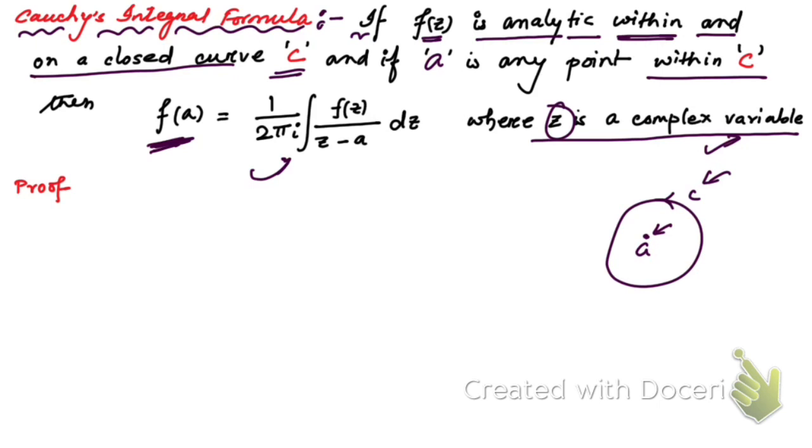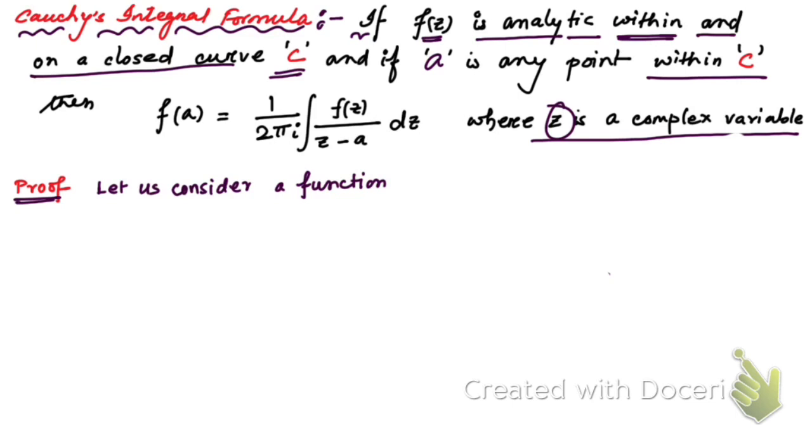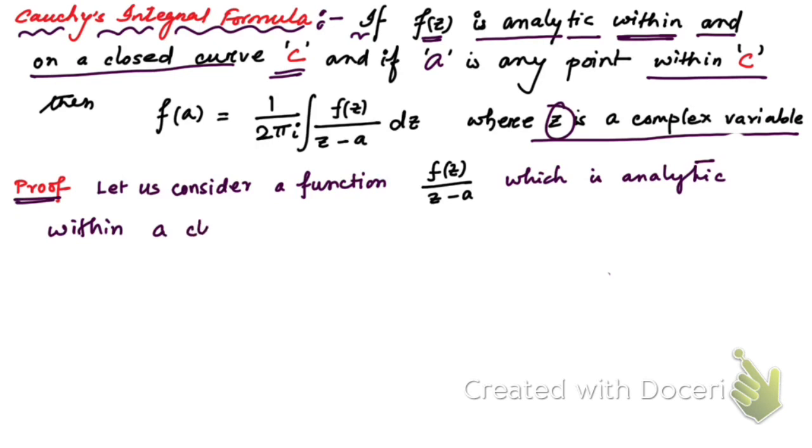Okay, so now let me clean these things. Now let us consider a function f of z divided by z minus a, which is analytic within a closed curve, suppose closed curve C, except at z equal to a, because at z equal to a this denominator is going to be 0.